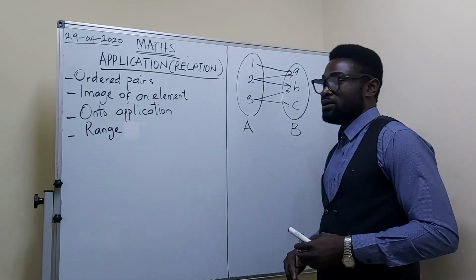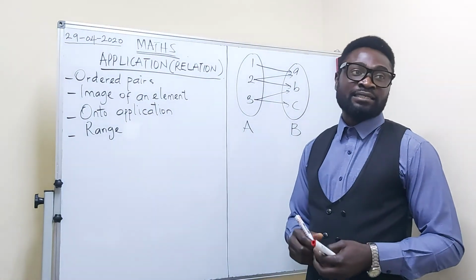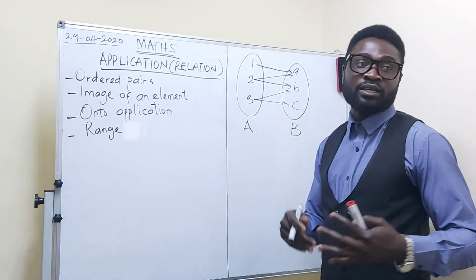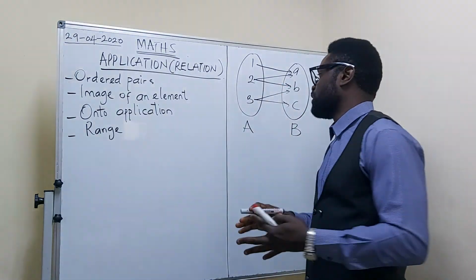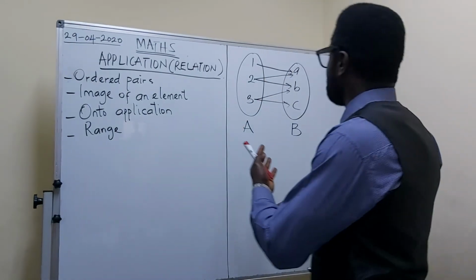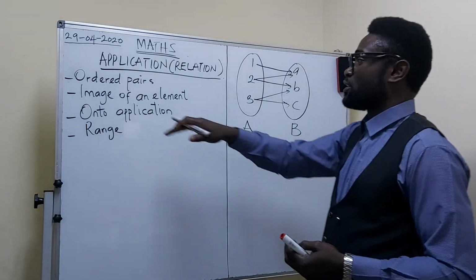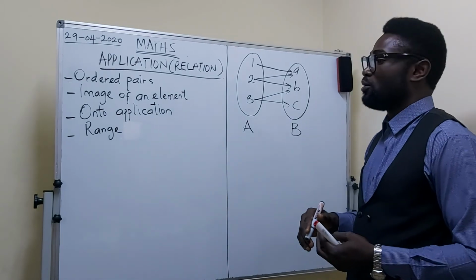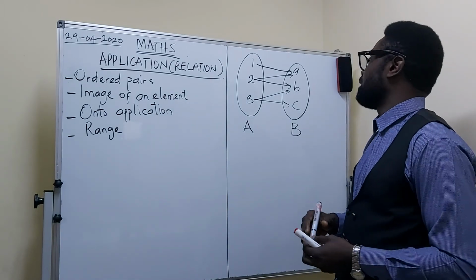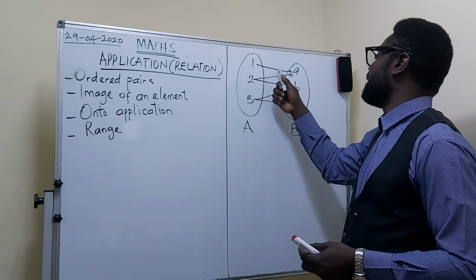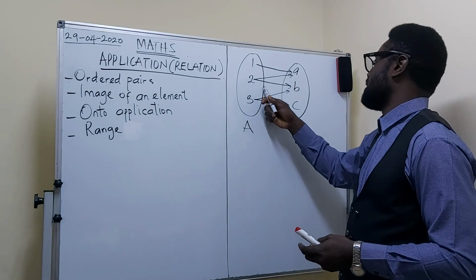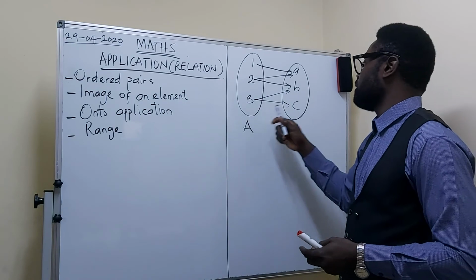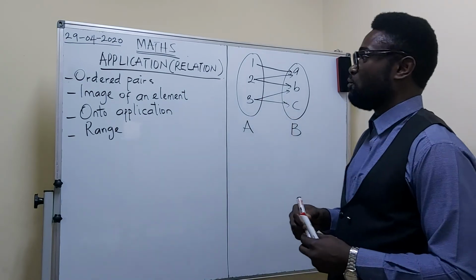Depending on what is binding or connecting together, that is when you can speak of an application or a relation. As we can all see here, we are dealing first with ordered pairs. When we speak of ordered pairs, you can see 1 binds or joins with A, and 2 connects to B, 3 to C.